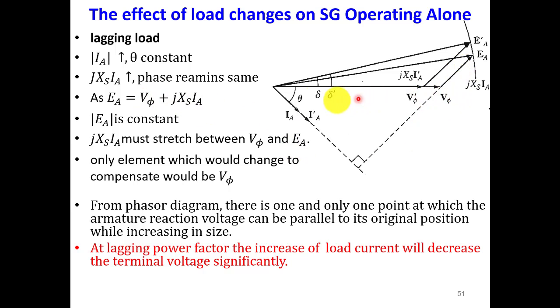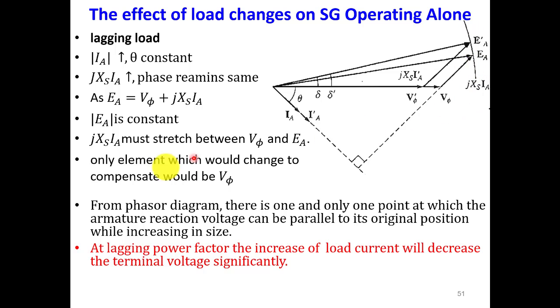Here we can see that now we have this V phase previously, and now we have this V phase prime, and jXS IA is actually stretching. Here this is jXS IA and this is the new jXS IA on the constant EA locus, because EA is constant.